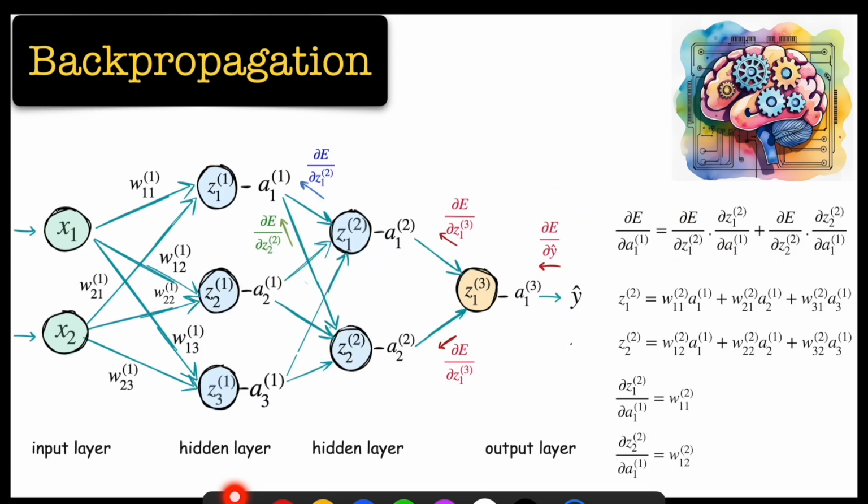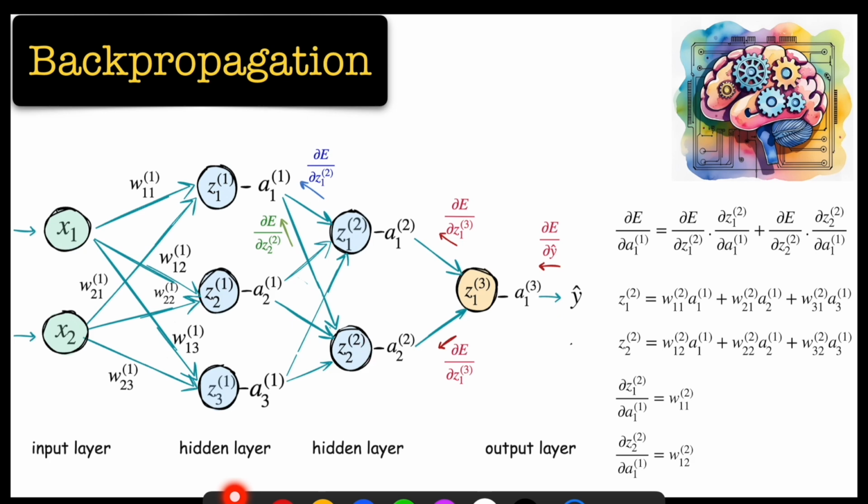Now if we want to calculate del E del A11, where is A11? Here. How will we calculate that? A11 is used where? In Z12 and Z22, in both the paths, right? If we just see the path from A11 till our output, you see this is one path and this is another path. So we have to calculate the gradients in both paths and then take the summation.